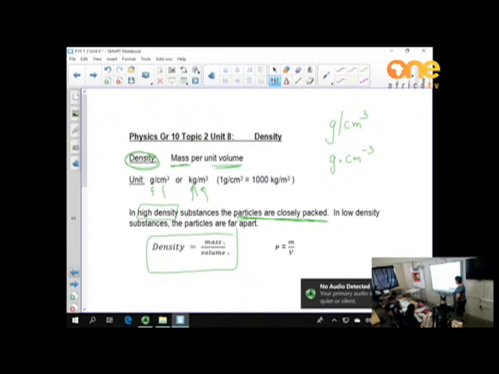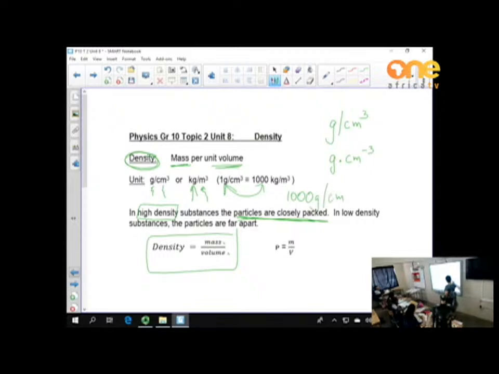1 gram? Oh, 1,000. Oh, goodness me. Yes, here I have a mistake. If we have 1,000 grams per centimeter cubed, we will have 1 kilogram. Just hang on, 1 kilogram. If I look at 1 kilogram per cubic meter, 1 kilogram is 1,000 grams.